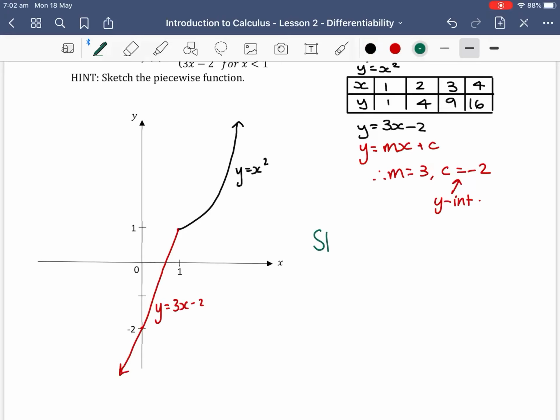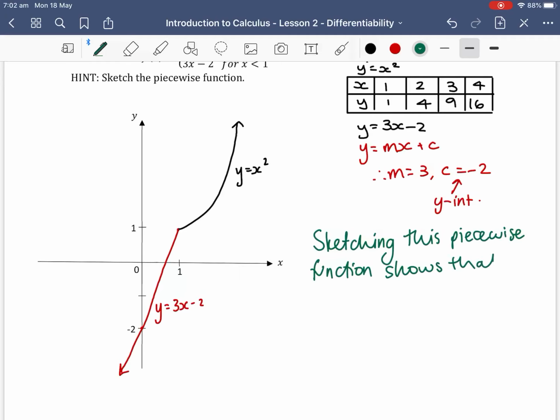Now by sketching this piecewise function, it shows that it is not smooth where the two parts meet.